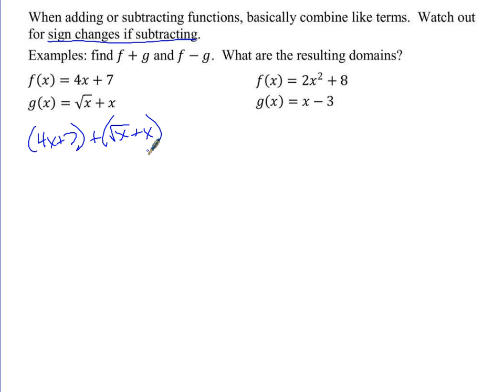So do I have any like terms to combine? Yeah, there's a 4x and an x, so I have 5x plus the square root of x plus 7. So that's your answer. Technically, you would write f plus g of x equals 5x plus the square root of x plus 7.